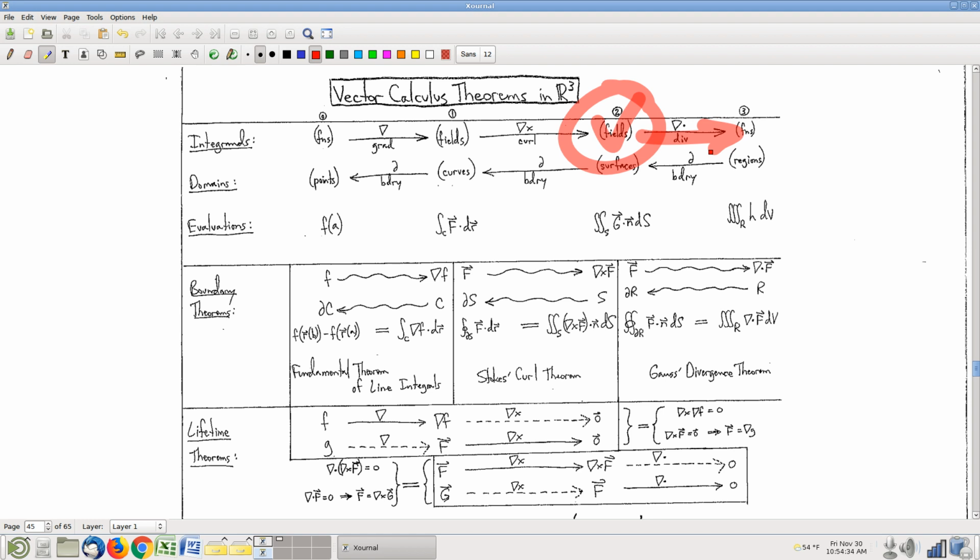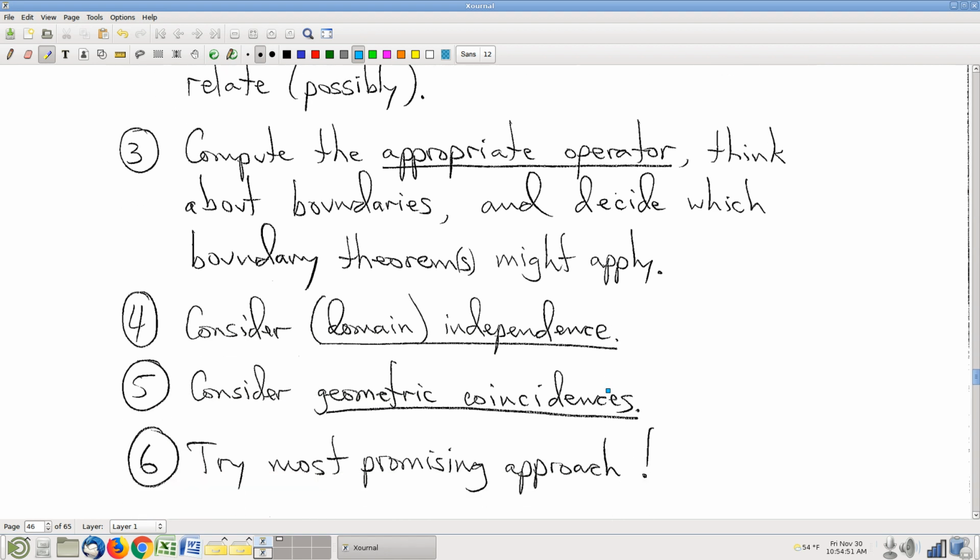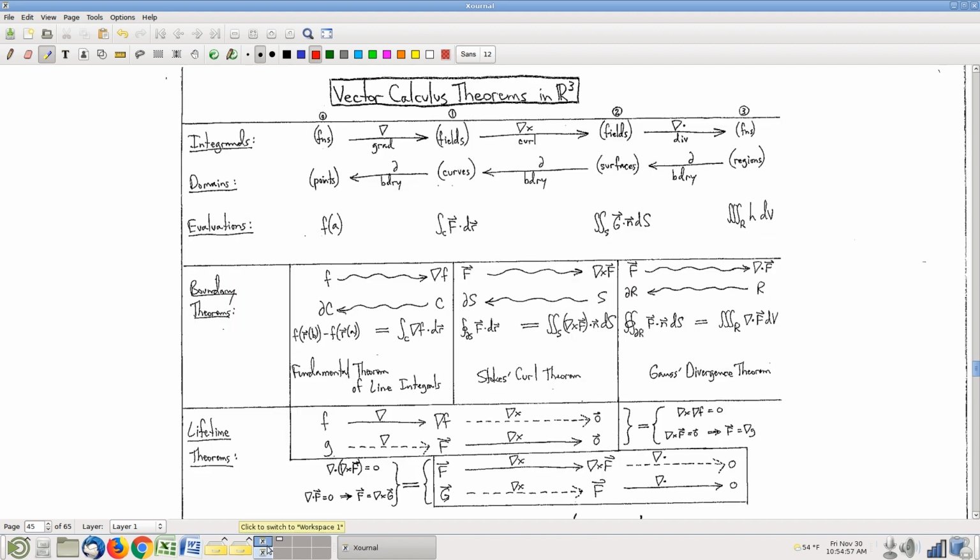So the diagram is telling you to compute divergence. So go ahead and do that. It's an easy calculation. And then think about which boundary theorems might apply as a result. So, for example, suppose you compute the divergence, and suppose you get not zero.